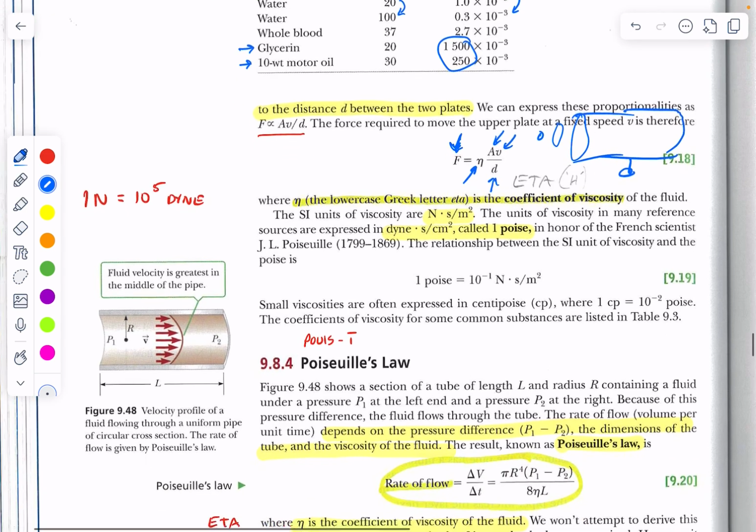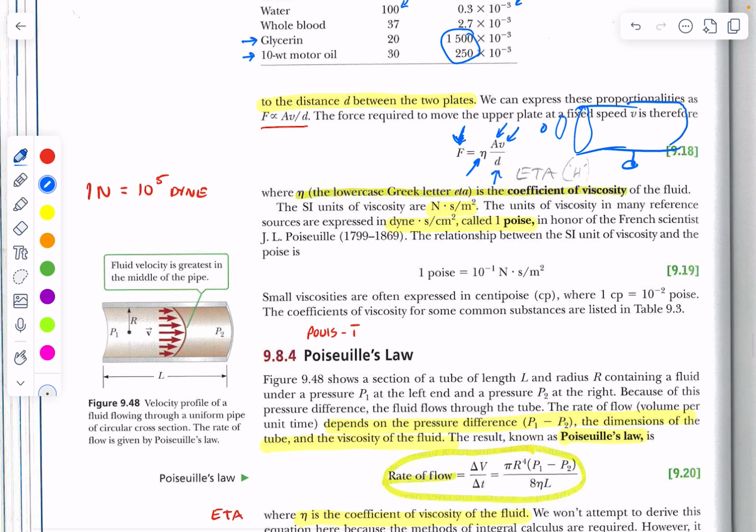Now, traditionally or historically, if you go into this in greater detail, instead of being in the MK system with newtons and meters, it's in the CGS system using centimeters, and the unit of force in this case is the dyne and not the newton. And over here, 1 newton is about 100,000 dynes.